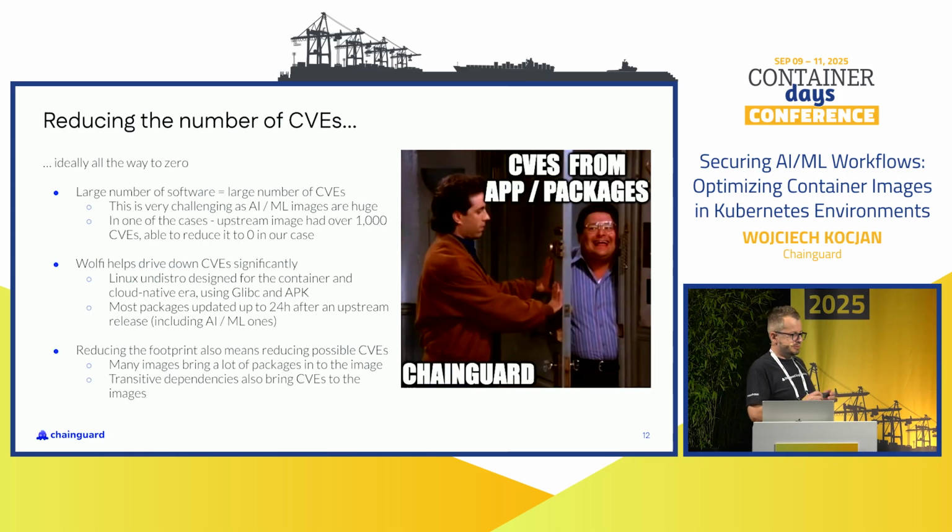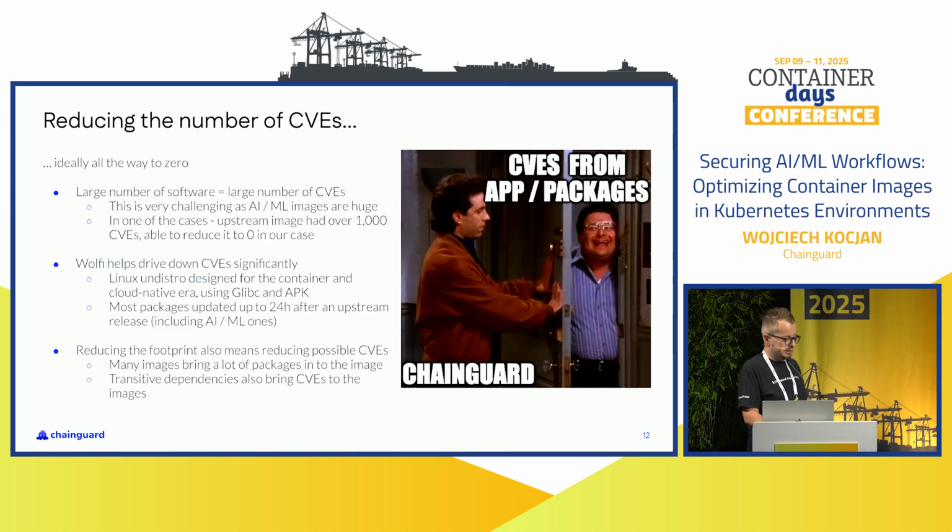And right, so this is another problem, like how do we reduce the number of CVEs? And it's not that easy, and we're still trying to solve it at Chainguard in general. So as soon as you start pulling in some app packages and they include all of their transitive dependencies, you have a pile of CVEs that just try to enter your realm and be included in those images.